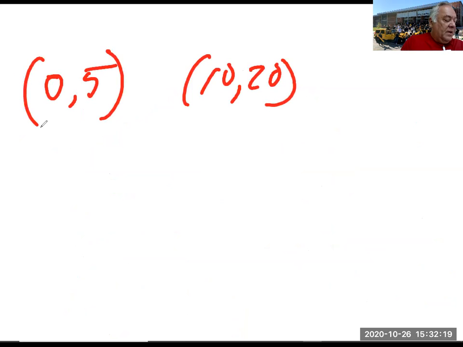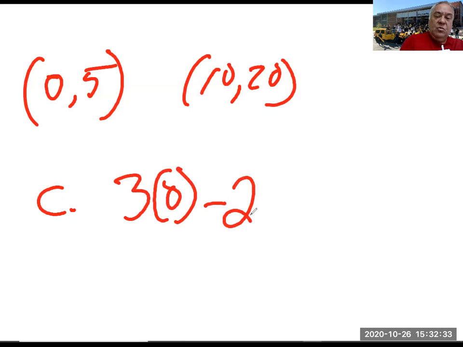Okay, let's just plug it into answer choice C, for example. Any point, just pick one. So 3 times 0 for x minus 2 times y, which is 5, is equal to -5.